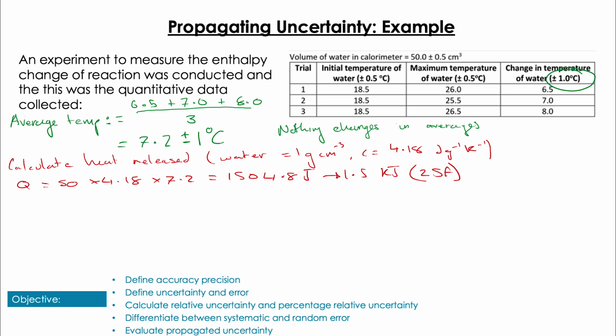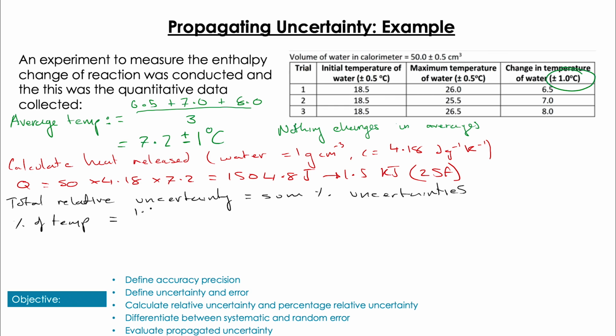So to propagate our uncertainty in this example, we've multiplied values. So our total relative uncertainty is going to be the sum of the percentage uncertainties of each of the values. So first we consider the temperature. So with temperature, we just take the absolute divided by the average temperature change times 100, which is 14%.